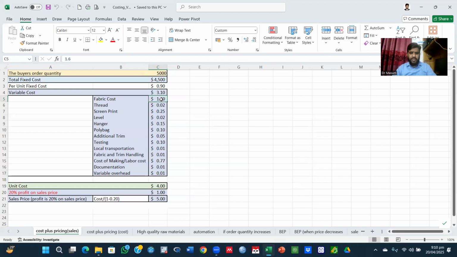The sum of these figures is $3.1. Total unit cost, variable cost per unit plus fixed cost per unit, is $4.